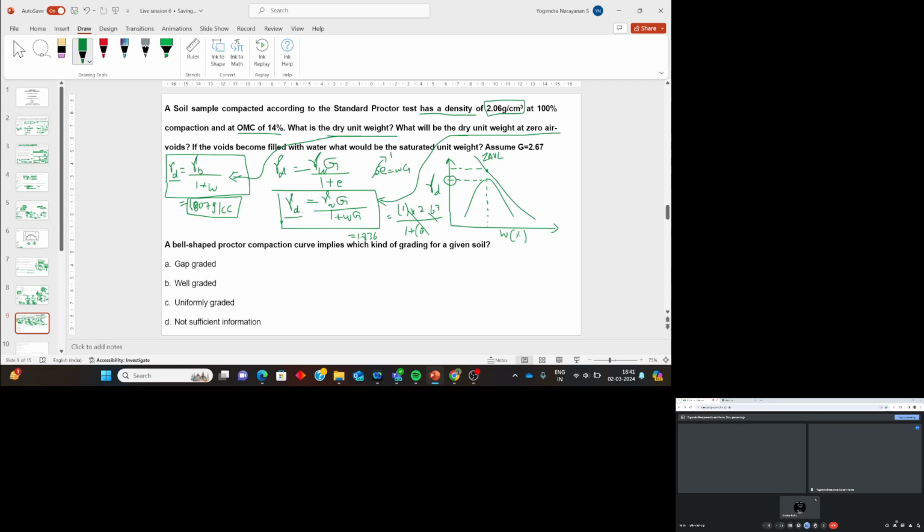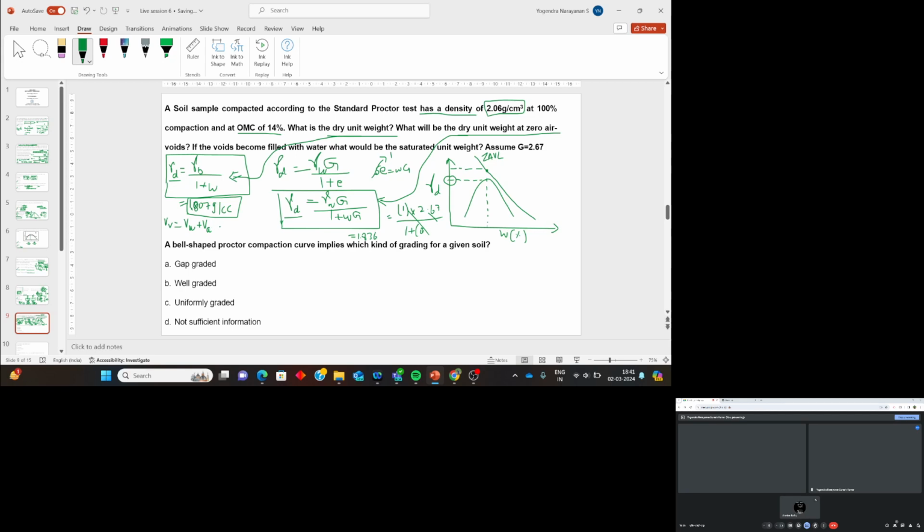No, sir. It is not saturated, because if it is saturated it will be touching the zero air voids line. No compaction curve will touch the zero air void line. It is impossible to attain 100% saturation at maximum dry density. So that means in the volume of voids some water is present and some air is present.